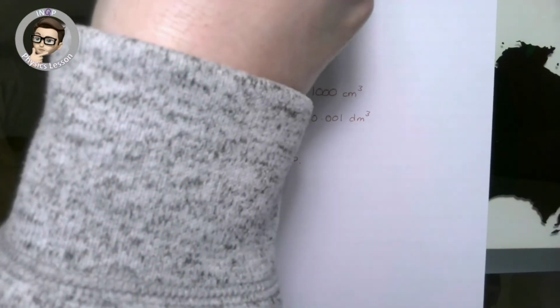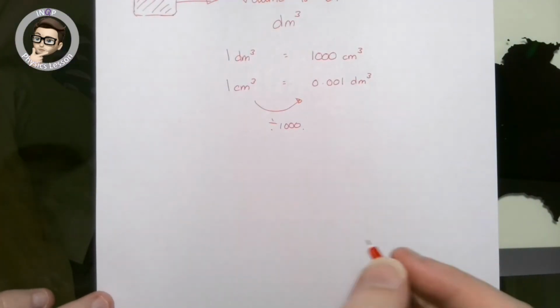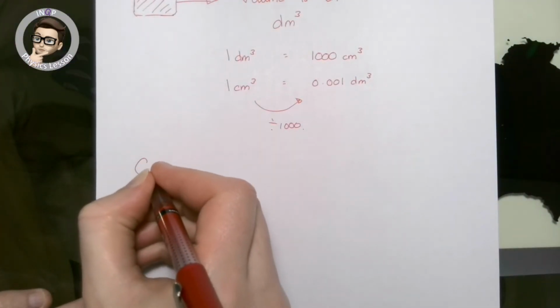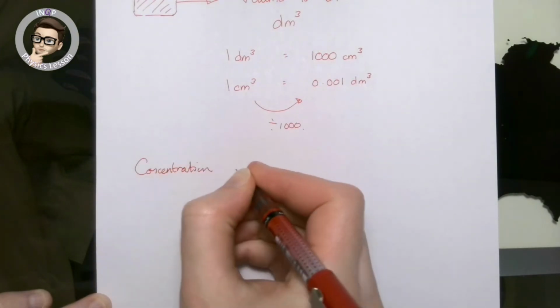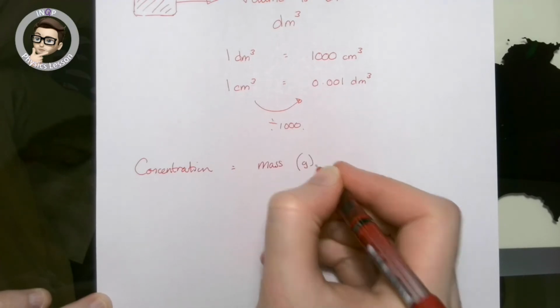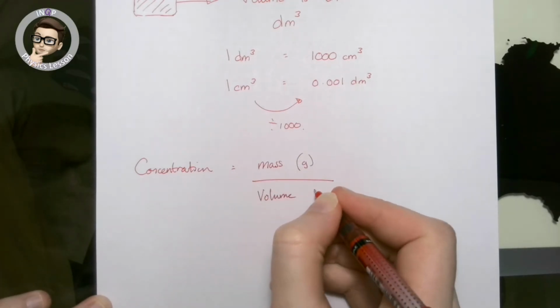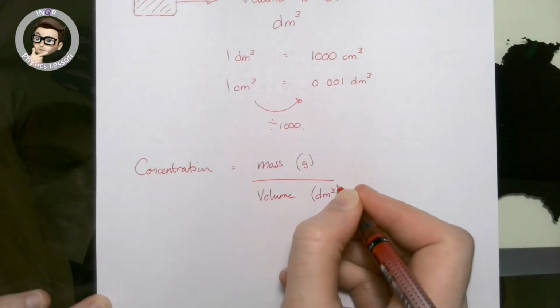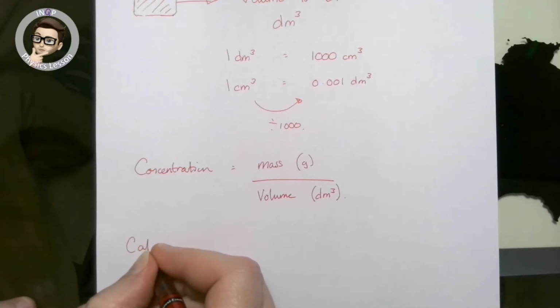Okay, so let's do an example for us to start. Or in fact, let's do the equation. So concentration is equal to the mass in grams divided by the volume in decimeters cubed. So let's do our example.